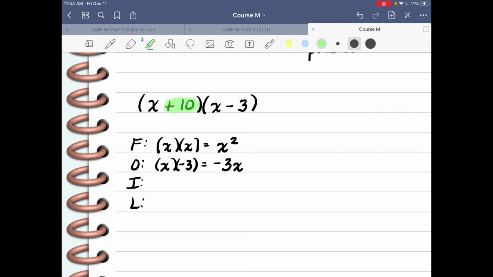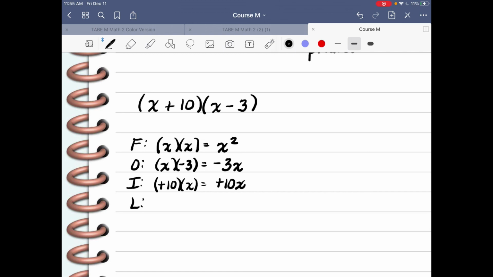Inside is plus 10 and x, the inner terms, plus 10 and x, that is plus 10x.